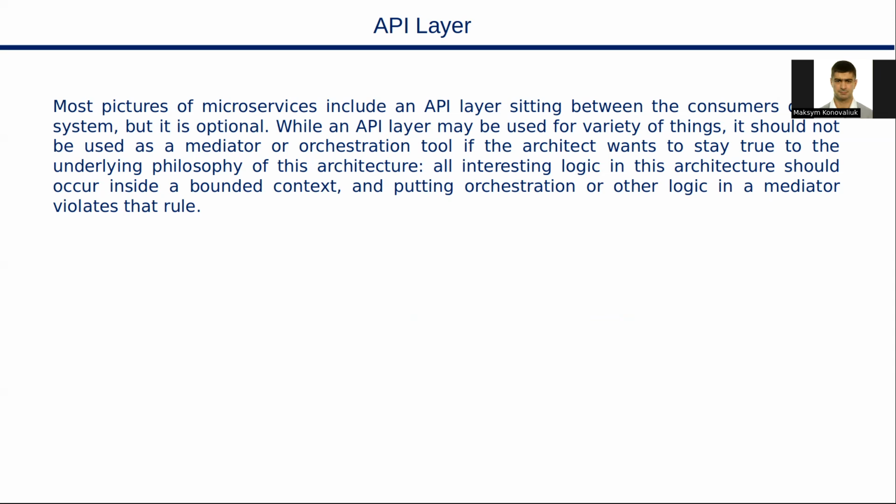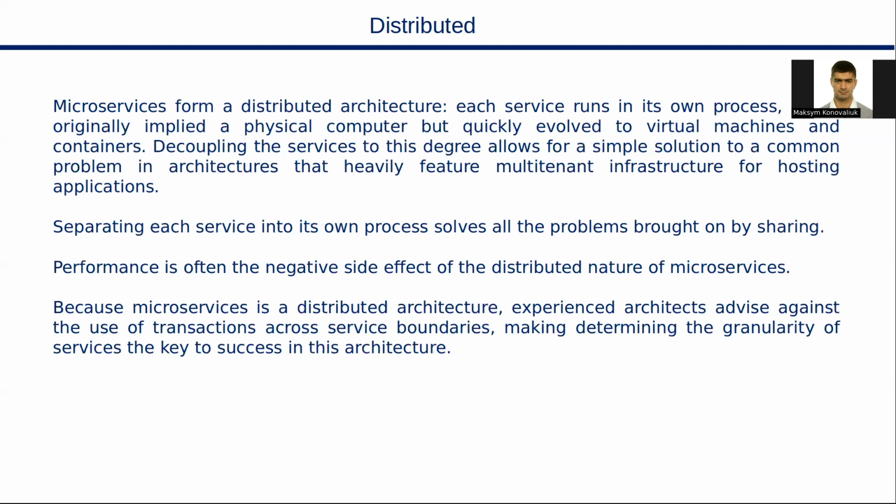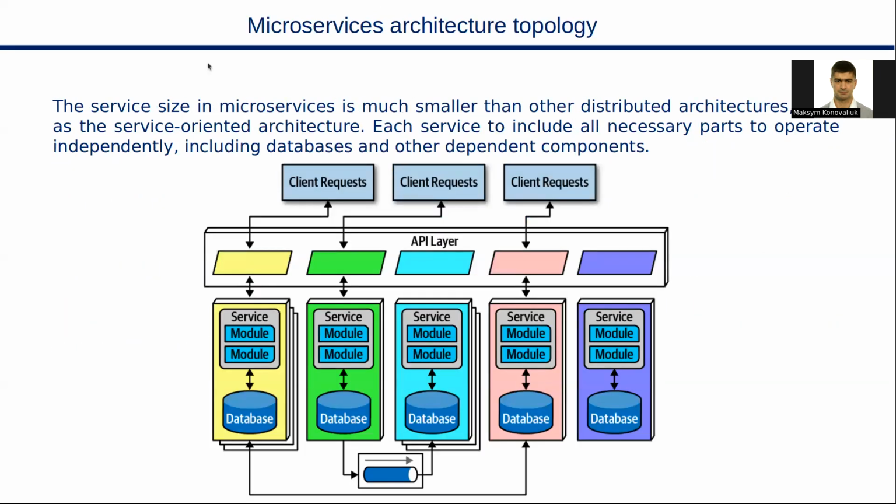So don't think that this API layer, let me show you the topology one more time, is orchestration. It is not designed to manage communication between services or contain logic that knows how one service should communicate with other services. Not at all, for sure.